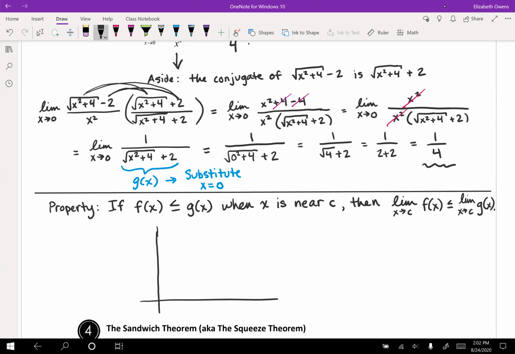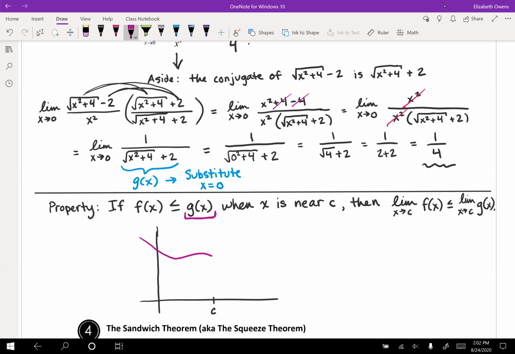So let's put in a value c, and we want our x's to be near that value. Now we need two functions, and we want g of x to be larger. So g of x is greater than or equal to f of x.